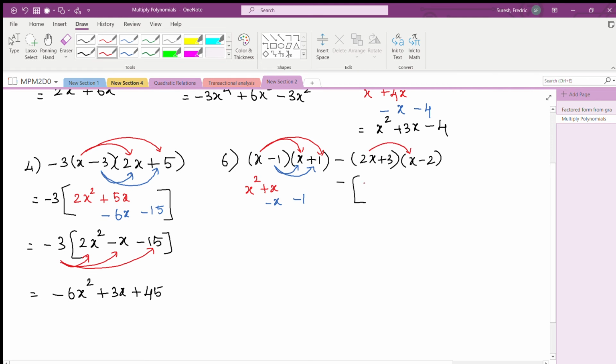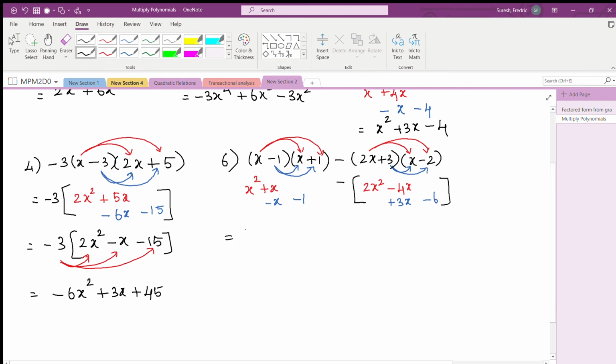So multiply those two, you get 2x squared, negative 4x, you get 3x, and you get negative 6.